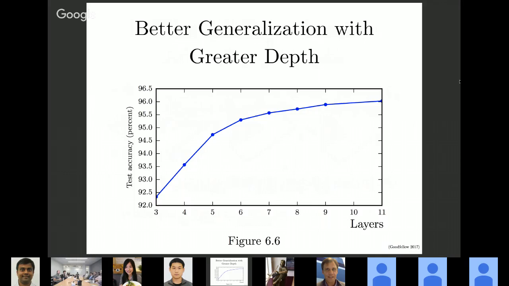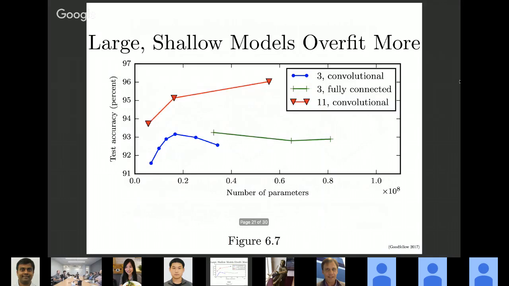You might look at this and say, well, you're saying that depth means we generalize better. Maybe it's just that larger models generalize better. So we also ran an experiment where we changed the width of the network while keeping the depth constant. We did this for a depth 3 convolutional net, a depth 3 net that had a fully connected layer, and a depth 11 net.